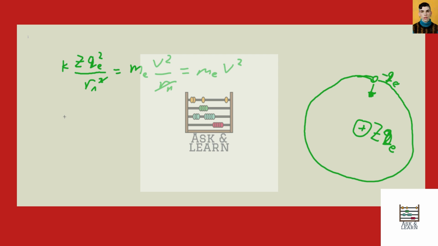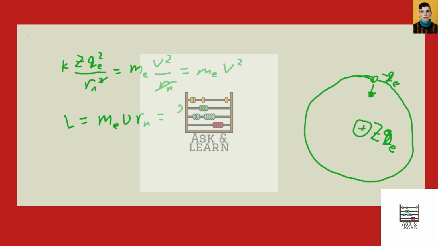So we have L, angular momentum, generally classically M V R, and in quantum mechanics it should be quantized.